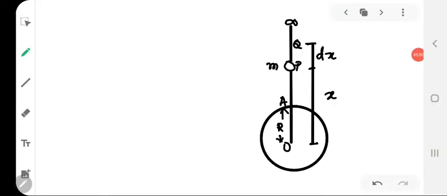Let us consider that the Earth is a sphere of mass M and radius R. Suppose that the body of mass small m is at a point P at a distance x from the center of the Earth.